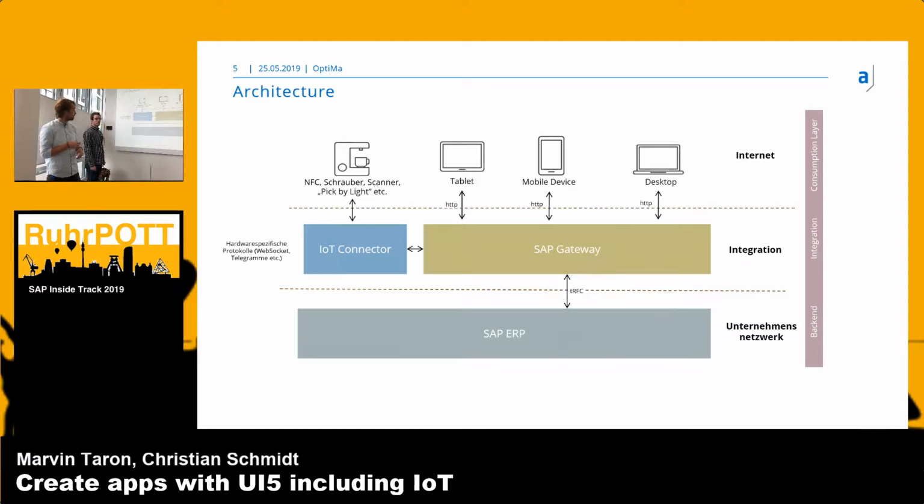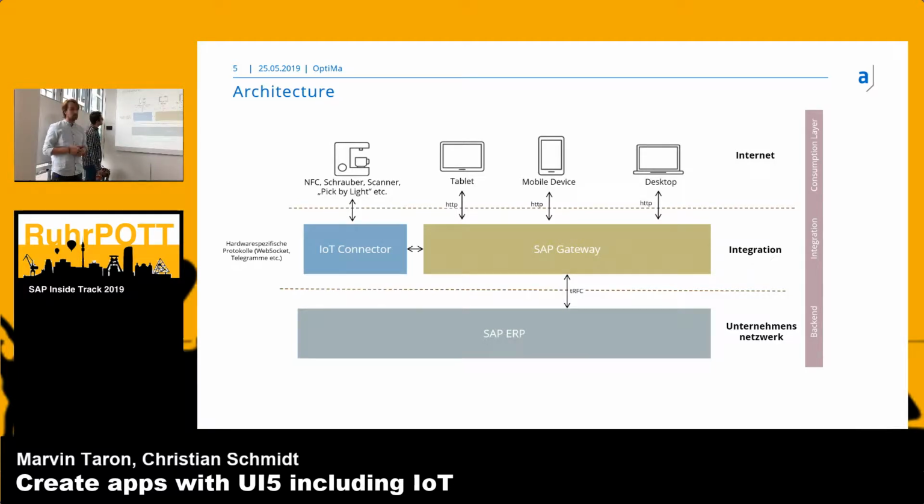This is the point for integrating the hardware components at the workplace. And this IoT connector connects via REST services to the SAP Gateway, and so all these actions from the hardware go through the SAP Gateway to the SAP ERP system and backwards.